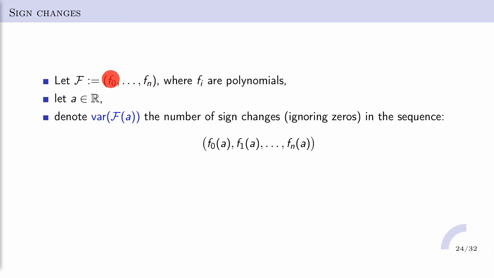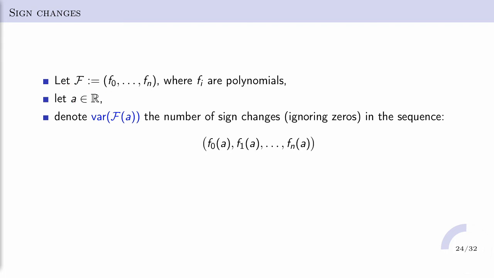This will finally be the Sturm sequence, but the definition works for every sequence of polynomials, and we have some real number a. By var of f of a, we denote the number of sign changes of the sequence of values of these polynomials when we evaluate all these polynomials at this given a.